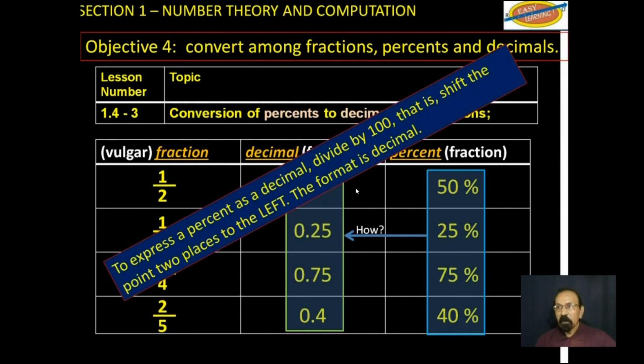Simply put, we will divide by 100. And since we want to keep the decimal format, we will shift the point 2 places. As I said, we will keep the format as decimal with a 0 point something.